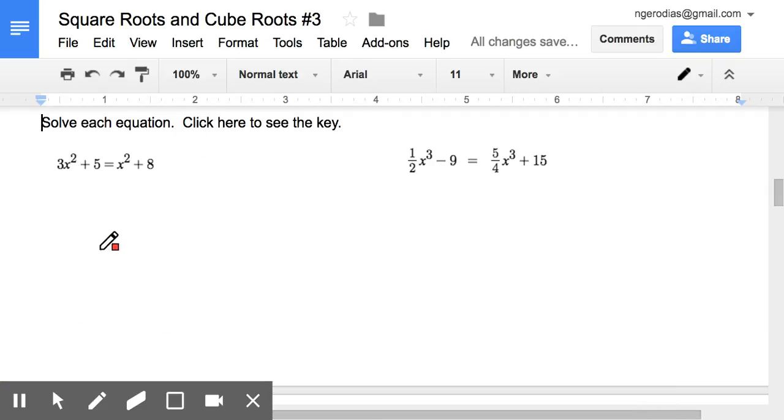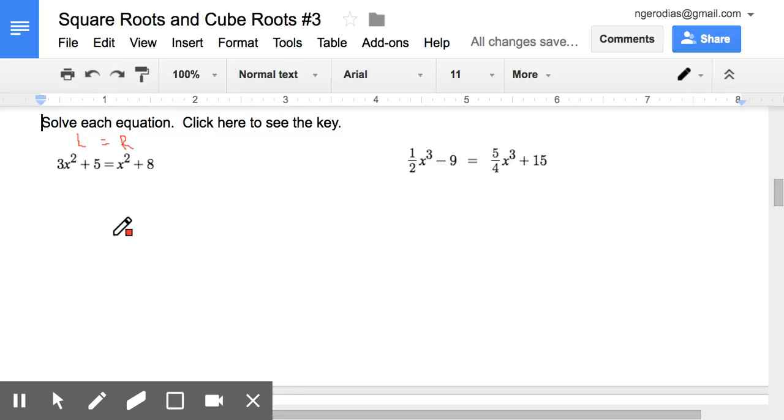Let us solve these equations. When we're solving equations, we have to remember that all equations are in the form left expression equals to the right expression.